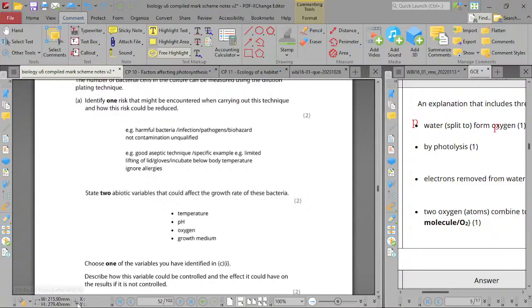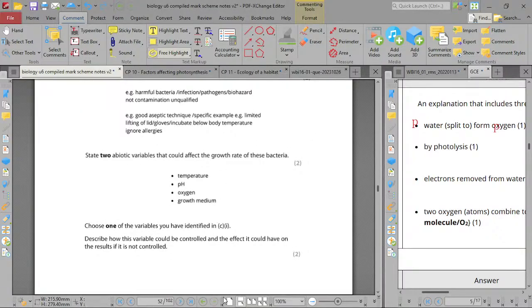Ah. Where is the money? Give me the money. Type sheet.